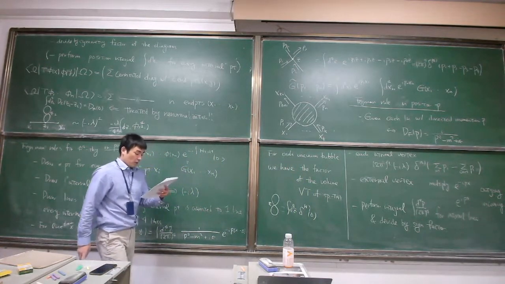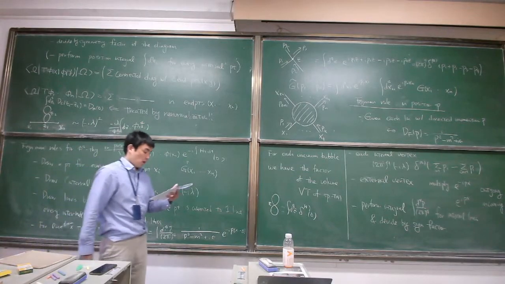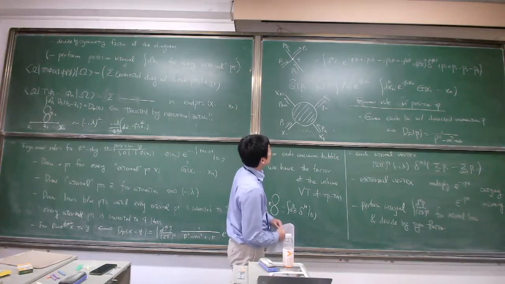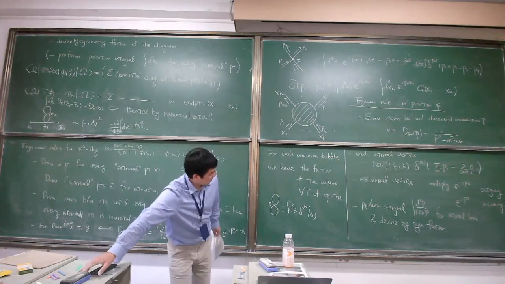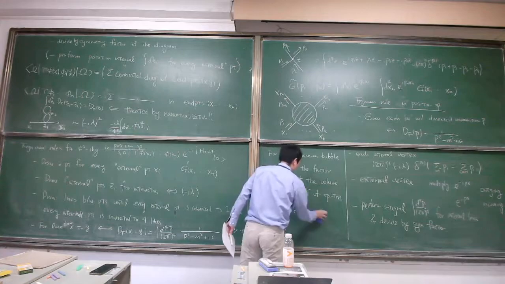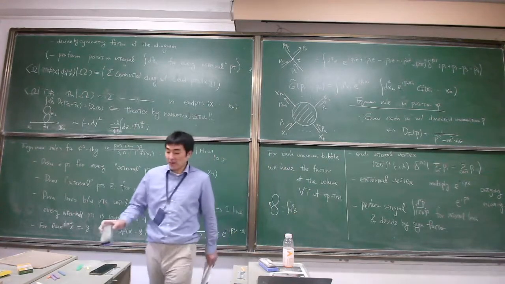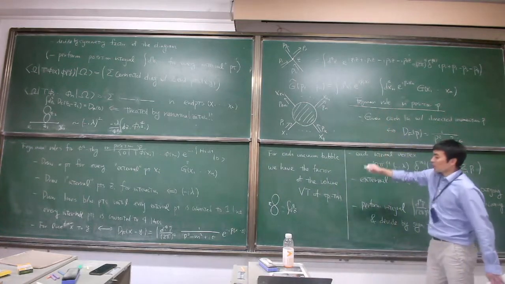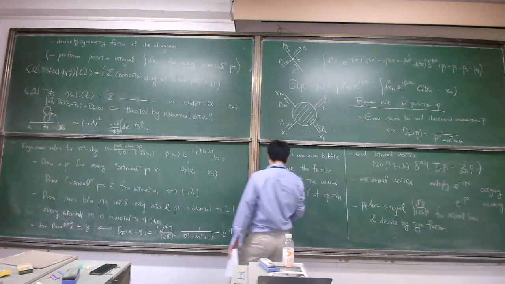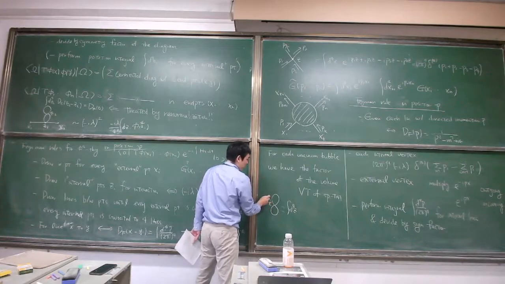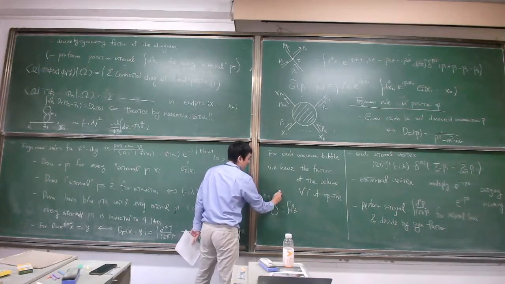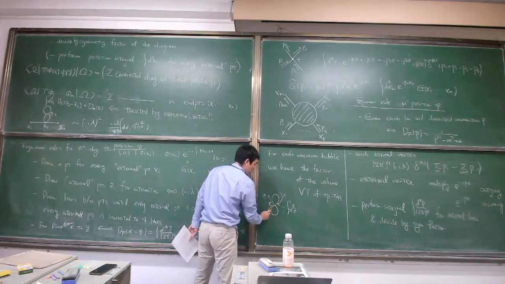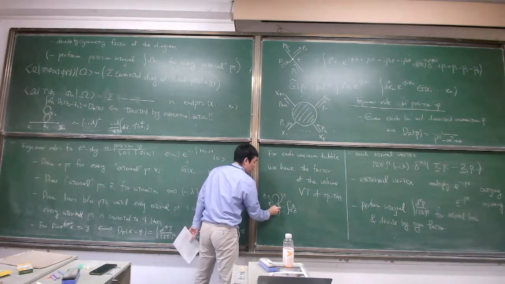Sorry, what I'm doing here is, if you apply the above rule, all the momentum here is p1, coming back p1, and going outgoing p2 and p2.